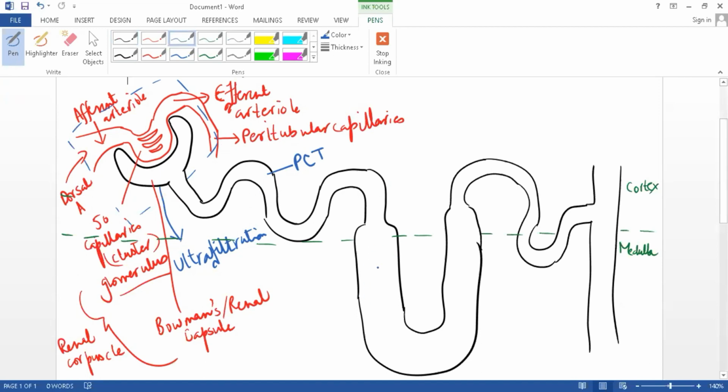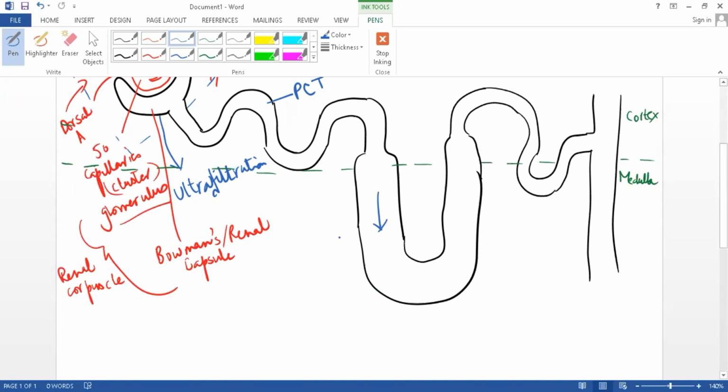This is where the nephron filtrate goes down, the descending limb of nephron, and this is where the filtrate goes up, the ascending limb.